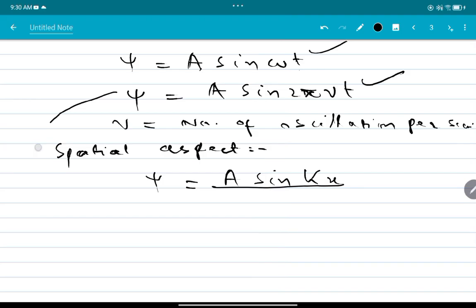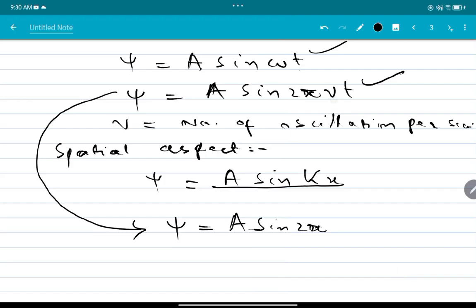We can obtain this variation of psi with space by simply copying this. How? Say psi is equal to A, the amplitude of the wave, as usual, sine 2 pi. Okay, this is a constant, and we expect this to be in this spatial expression as well.